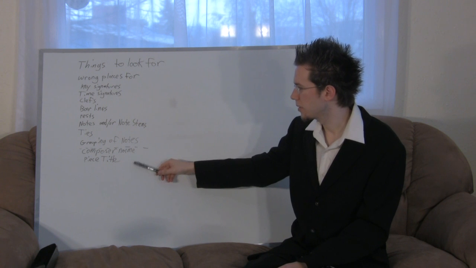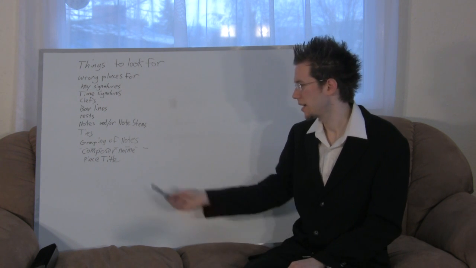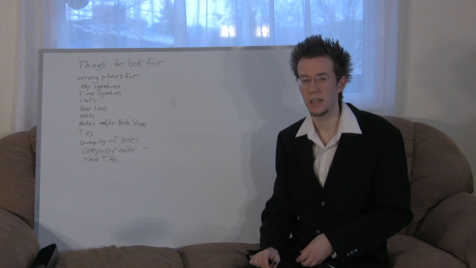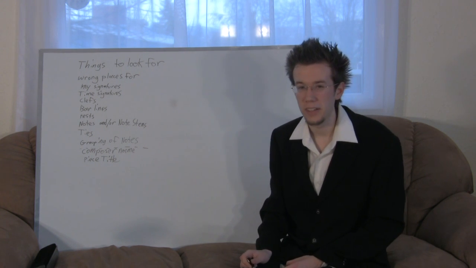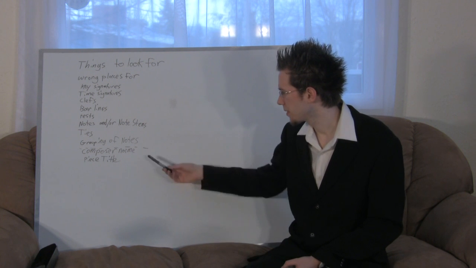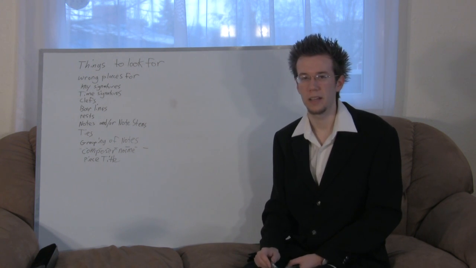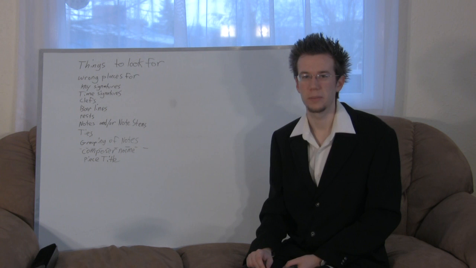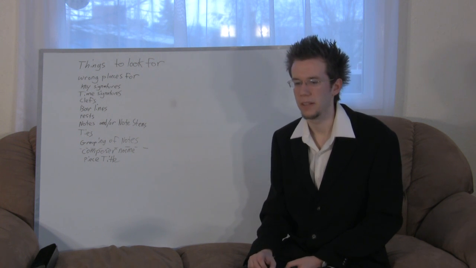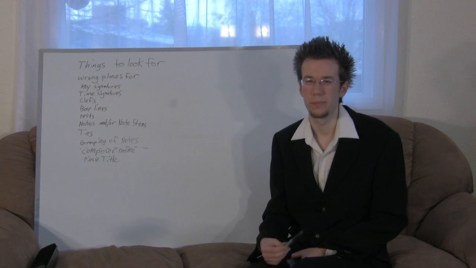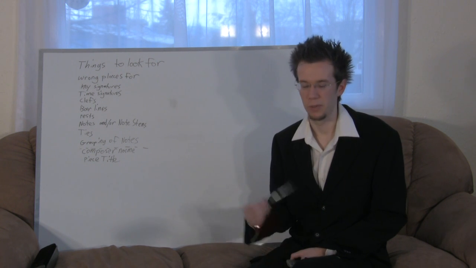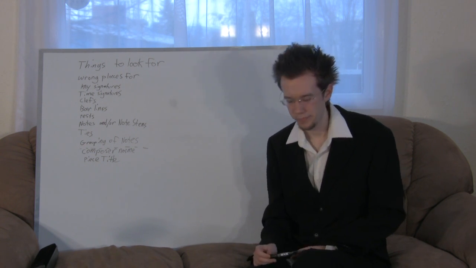Now, some of the more nitpicky ones: sometimes they can misspell a composer's name or give the wrong date of birth. This is very, very, very unlikely, but it could be possible. And they could also misspell the title or even put the entirely wrong title on the piece. Say the piece is Chopin's Revolutionary Etude, okay?